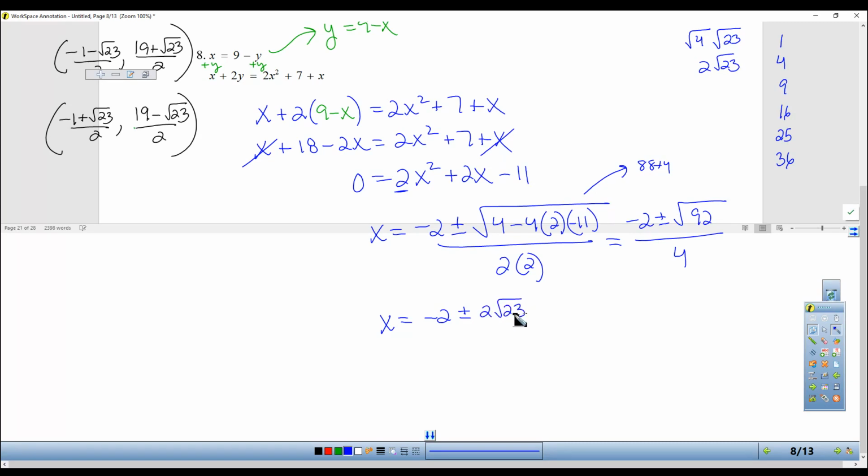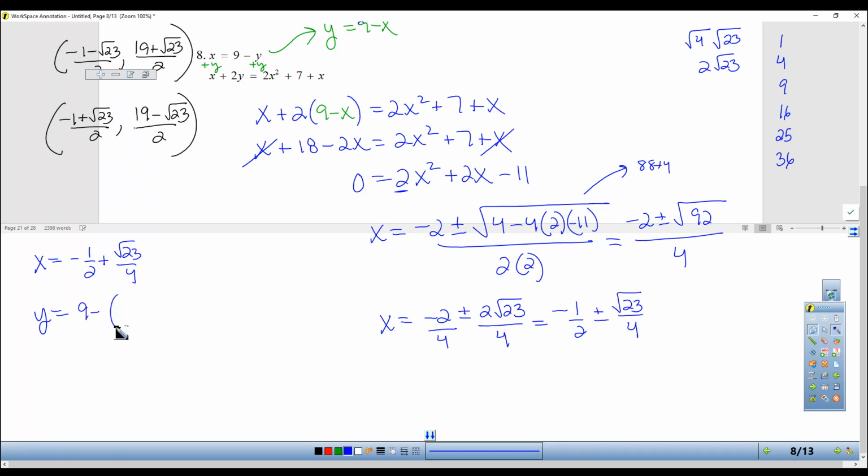You might have heard me say before that I think the safest way to simplify is to do them separately. That way you make sure that you reduce correctly. There you go, you've gotten your x. Now remember, this looks ugly, but this is not quite as bad as it seems. So we're going to do this twice. When x is equal to negative 1/2 plus the square root of 23 over 4, y is equal to 9 minus x.